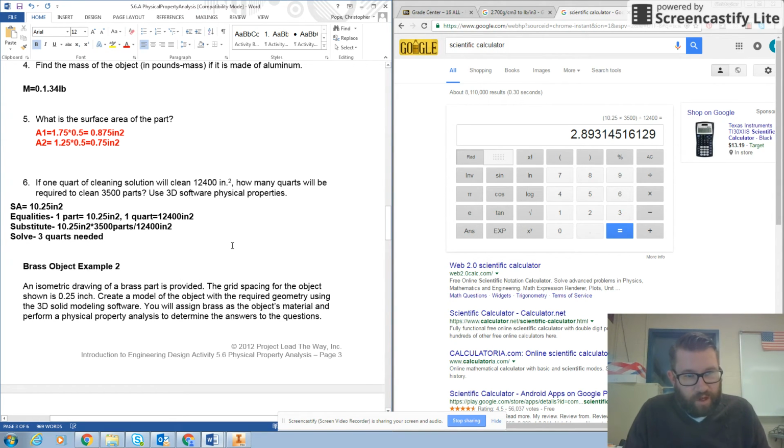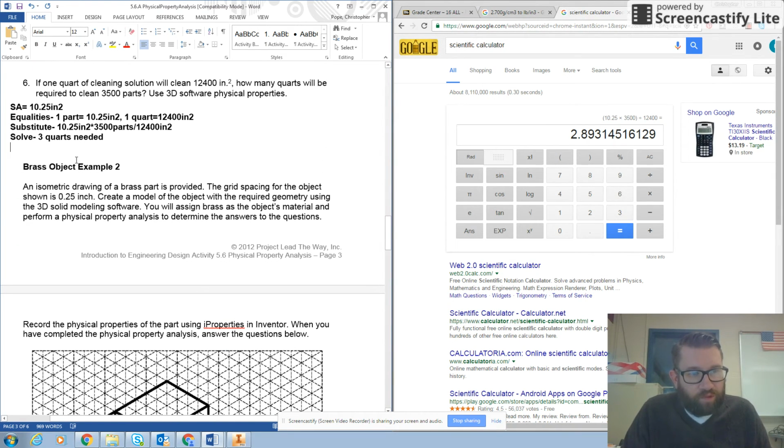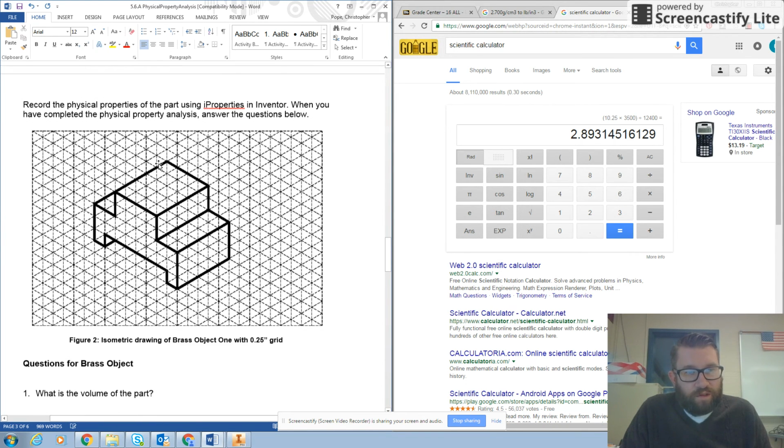Okay? Your next thing, example 2, says you need to make a brass object. All right, the grid spacing for the object shown is 0.25 inches. Create a model of the object with the required geometry. You will assign brass as the object's material and perform a physical property analysis to determine the answers to the questions.